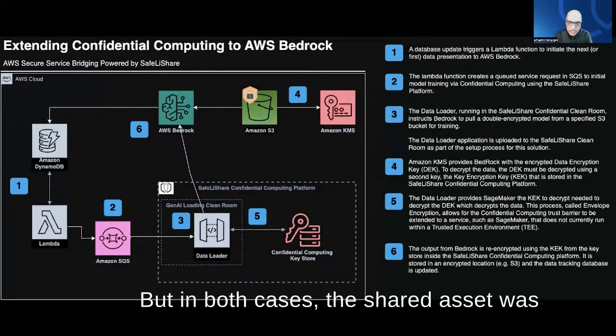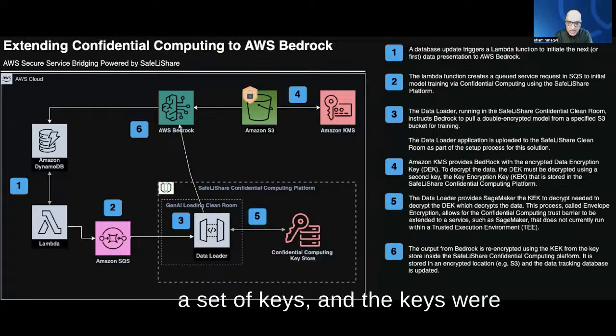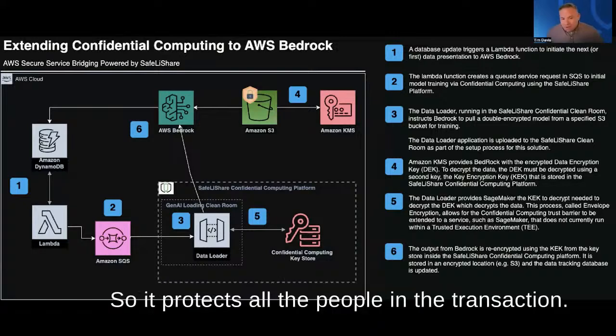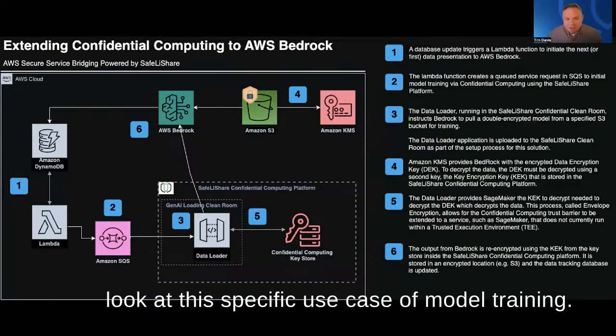But in both cases, the shared asset was completely encrypted, protected by a set of keys, and the keys were protected by a confidential computing platform. So it protects all the people in the transaction. It's a real win-win scenario as we look at this specific use case of model training.